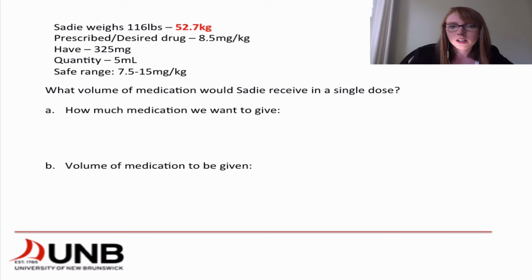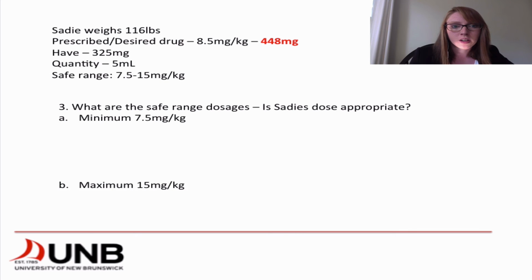So let's move on and figure out our safe range. So let's see, what are the safe range dosages? So again, I've written in here the minimum and the maximum. So let's do that math. So the minimum safe dose range, and also I've added in up here how many milligrams we want to be giving, because we want to make sure that we have that on hand so that we can know if our dose is appropriate or not.